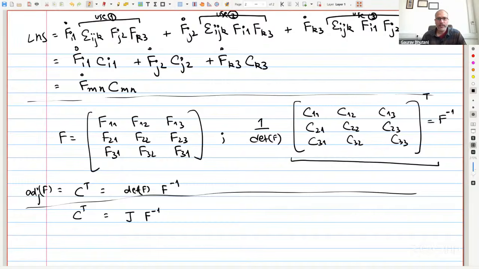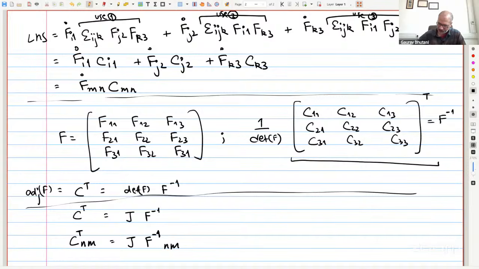And if I want to write this in the indicial notation, what I do is I write C transpose nm as J of F inverse nm. What we are saying is that the nm element of C transpose is, J is just a scalar, so J times the nm element of the matrix F inverse.